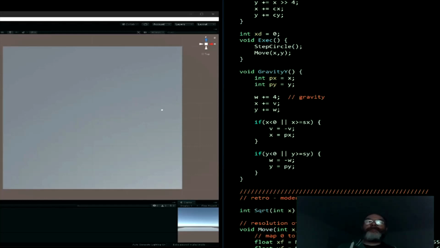So this returns an integer, square root of an integer, x, is going to return an integer cast of a Mathf.Sqrt. Internally, by the way, the Mathf.Sqrt, square root, calls the Math square root, which is a double.